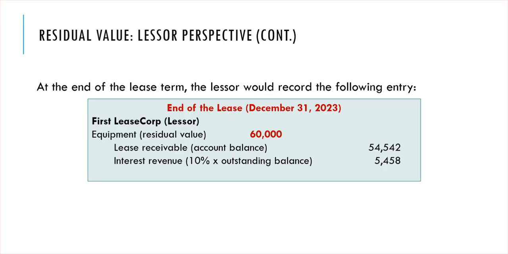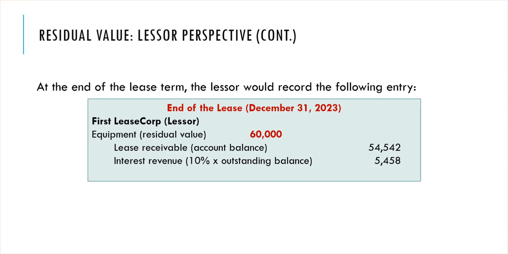Okay, so at the end of the lease term, the equipment here of the lease receivable had this amount here. It needs to go way off of the owner's books, and the value of the equipment, which is coming back, is 60,000.